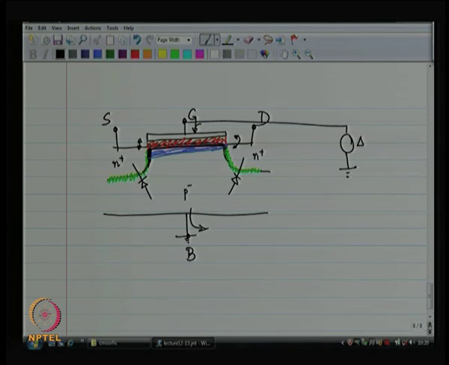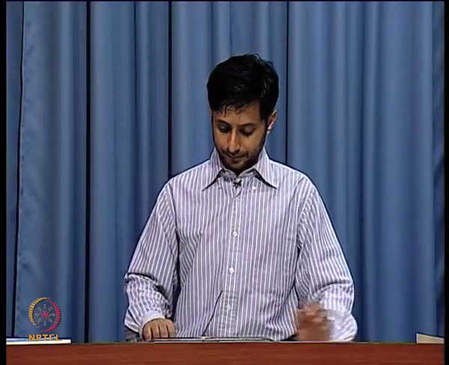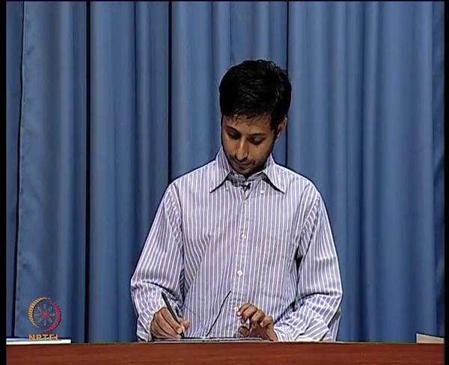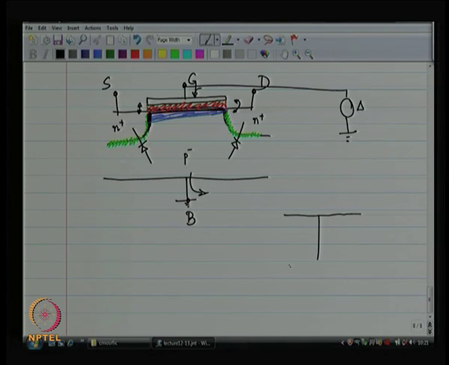Now, whenever you have a p-n junction, whether or not you apply any voltage across the junction, you always get a depletion region. Depletion region is the region where the majority carriers of the p side, that is the holes, go and recombine with the majority carriers of the n side, that is the electrons.